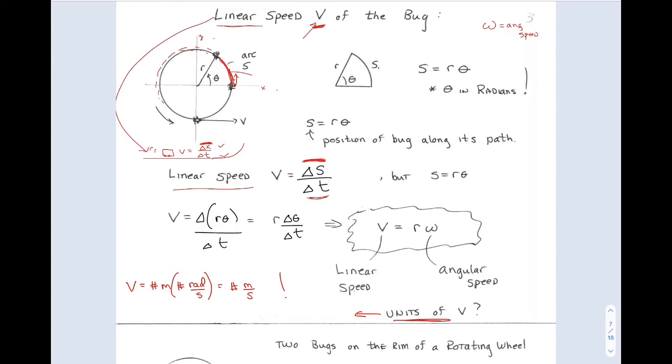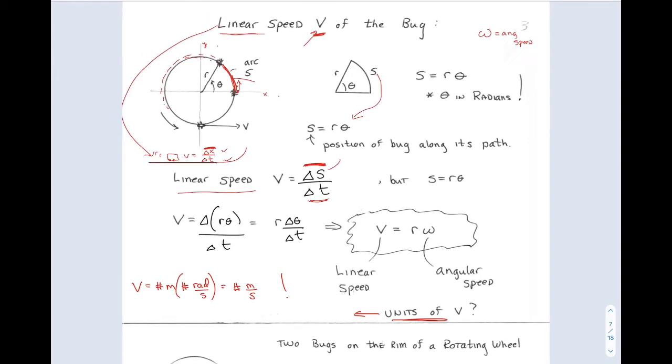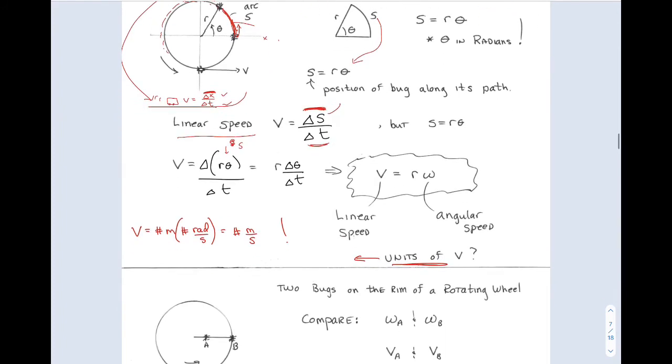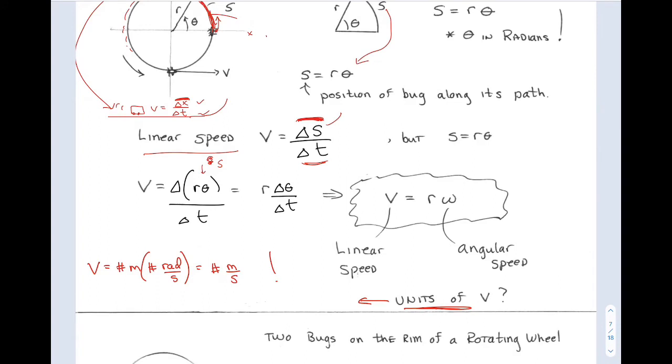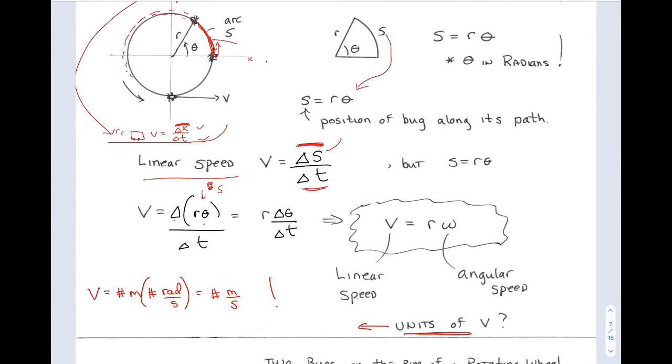But we already know that the arc length s is r theta. So right here I have an s, and I put in r theta. My linear speed is the change in displacement. The bug is moving along an arc, so my displacement is s, and s is r theta. R is a constant, so it moves outside of the delta.